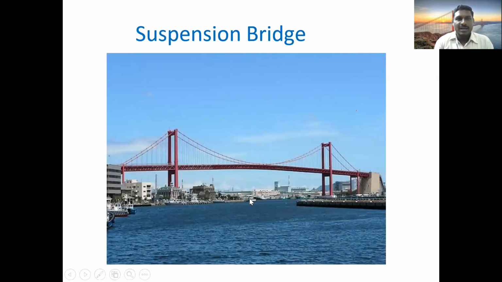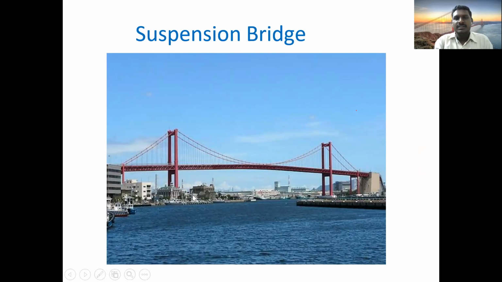Now again you can see this is the suspension bridge. A suspension bridge is a bridge we can construct for a greater span, where the span between two supports is larger.